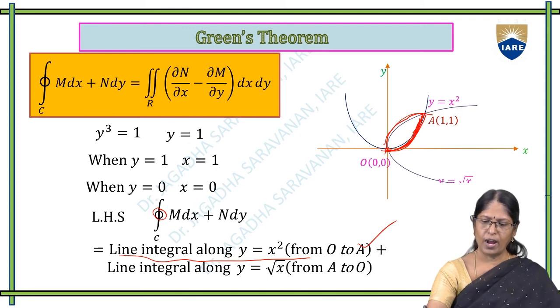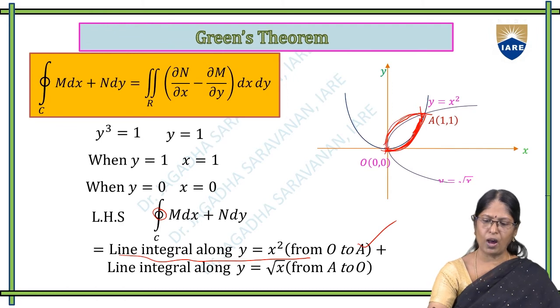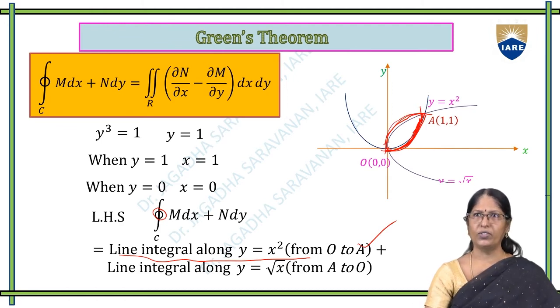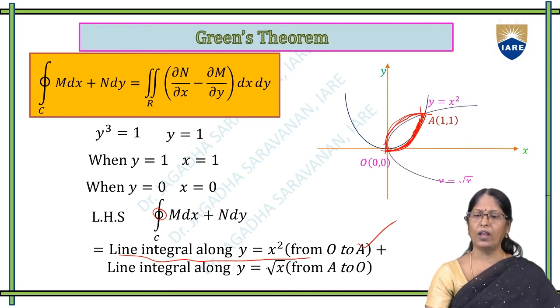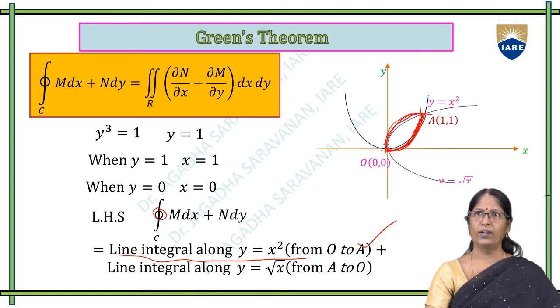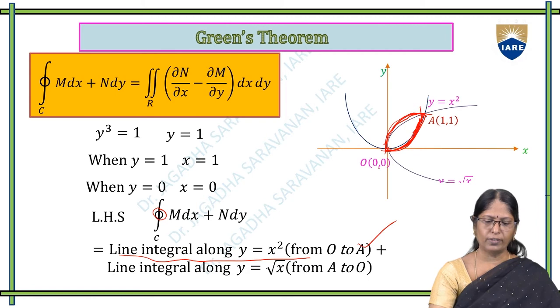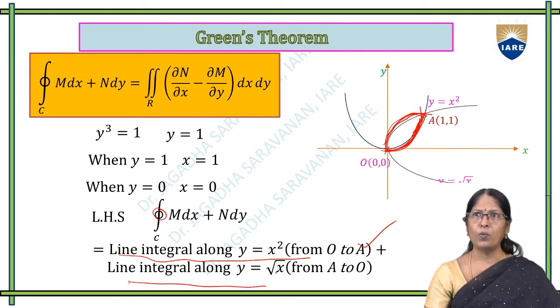Now we are at the point A. From A we have to move to the origin, that is the starting point. From A to O, that curve is the line integral along y equal to root x.